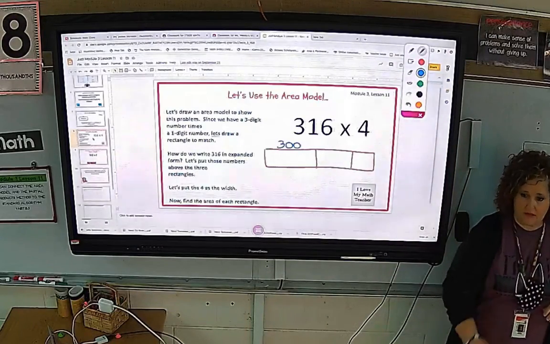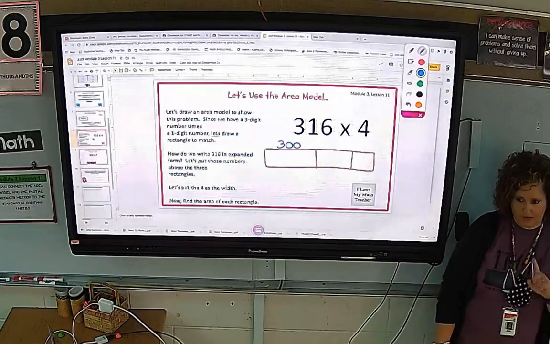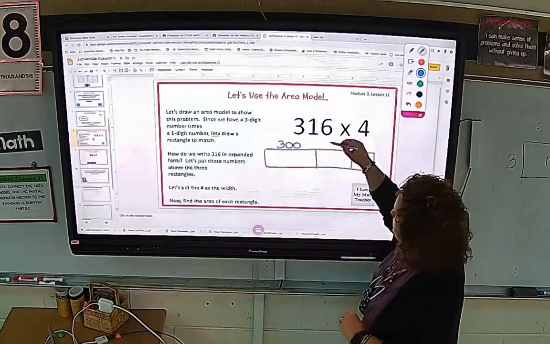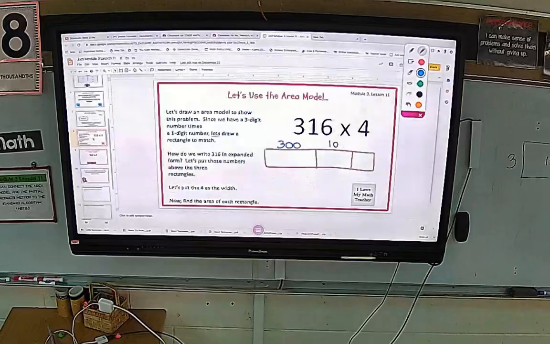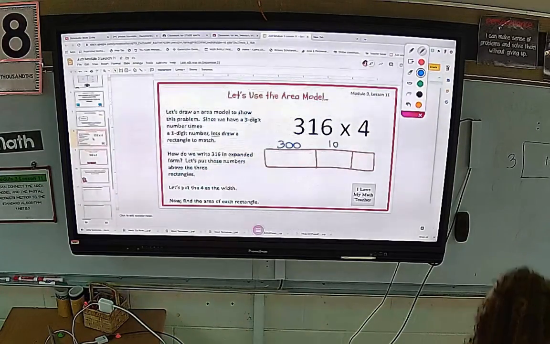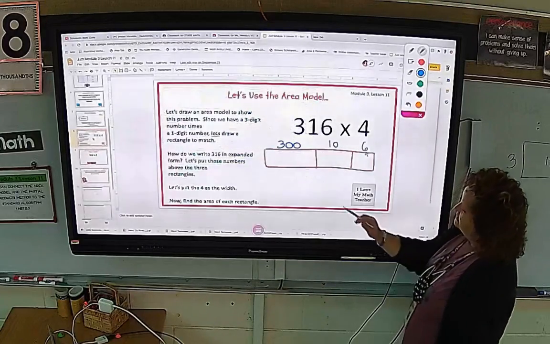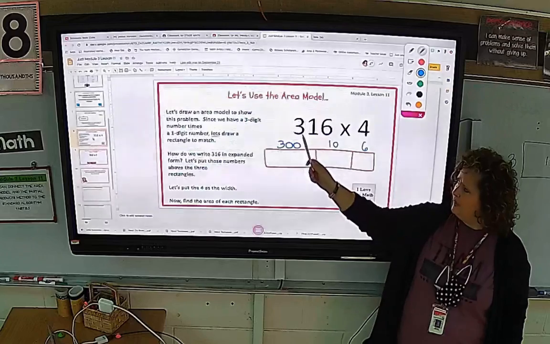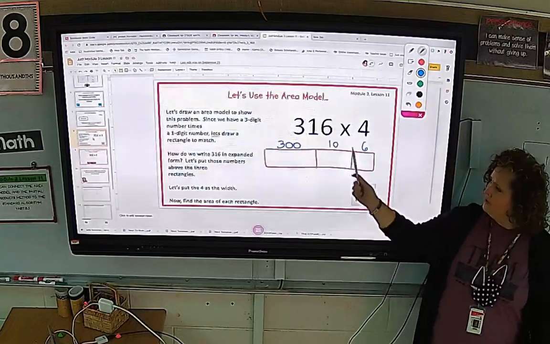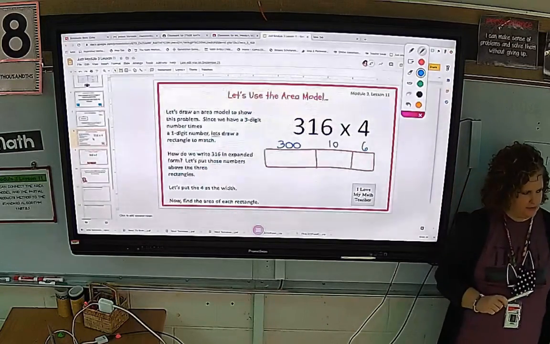What would make sense? Yeah. If we put a 10, because there's only one 10, isn't there? Okay, so make sure you're doing this with us. Alright, so what would make sense to put above the last piece? 6. Yes, a 6. Because there are 6 ones. So this is just showing the value of our hundreds place, our tens place, and our ones place. Okay.